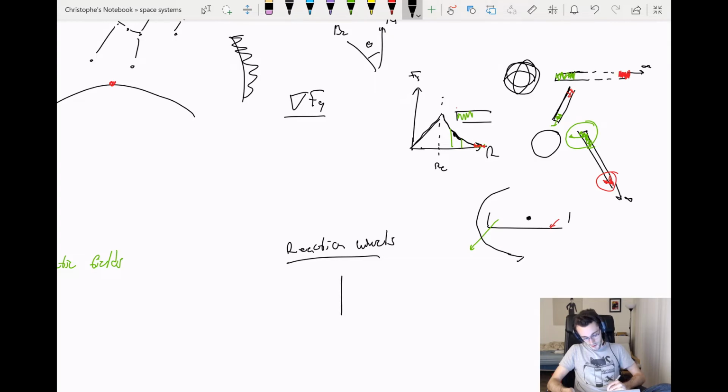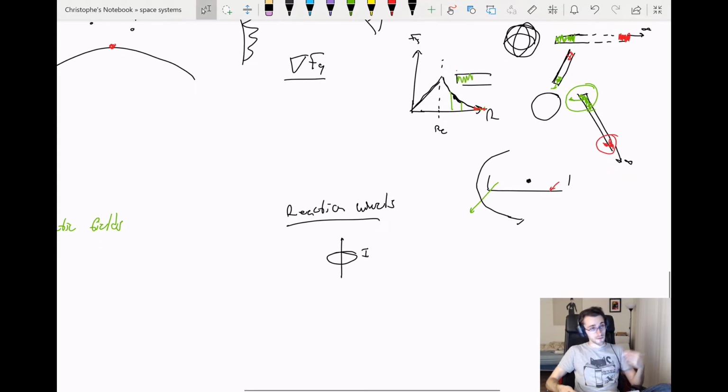You have this disk, and it has a certain rotational inertia. Say you're in orbit and you spin up that disk inside the space vehicle, your space vehicle is going to spin in the other direction. Because of conservation of angular momentum, at the onset neither of them are spinning. You start spinning up the disk in one direction, and your satellite will spin up in the other direction.